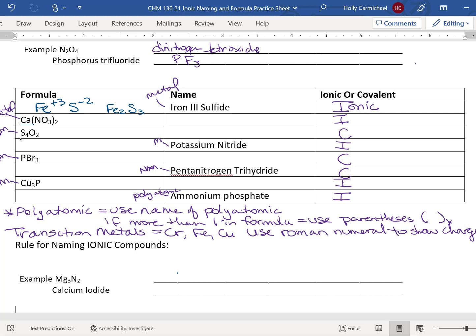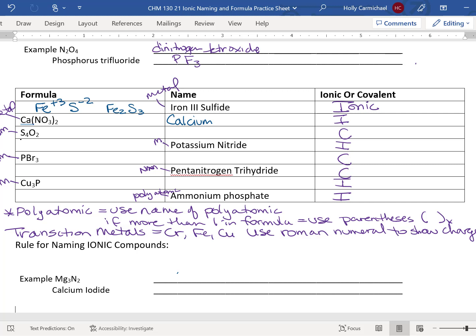Okay, so what about the next one? The next one's ionic. I just go from the name to the formula. This one's pretty straightforward. Calcium nitrate. Calcium, whole name of the metal. Now if you have a polyatomic, you just use the name of the polyatomic. Remember there are 7 of them. I gave you a list of 7. I'm sure you're going to want to put those on your note card.